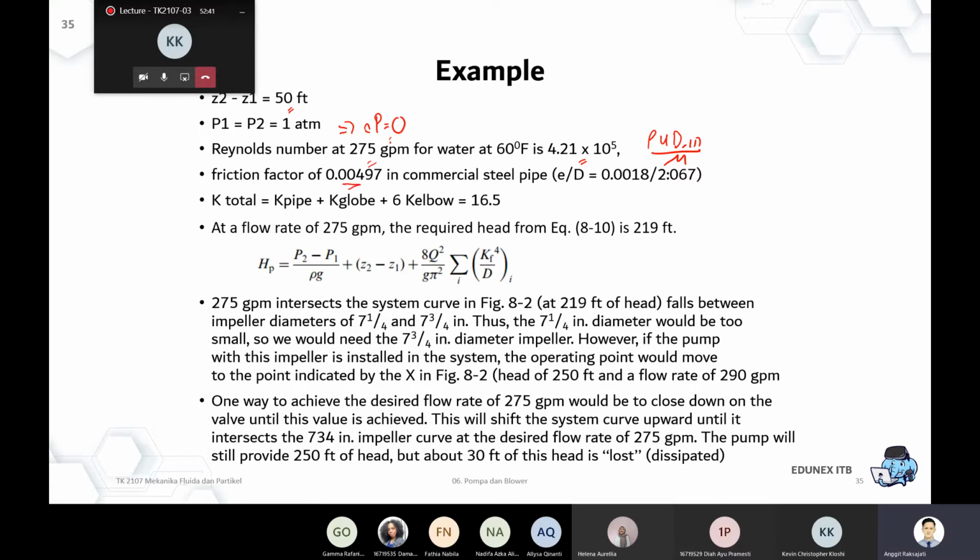Friction factor. So again, I hope you already understand how to get this number from the Fanning chart. Remember those types of chart, straight line in the laminar, and then you have a lot of different lines in the turbulent part.